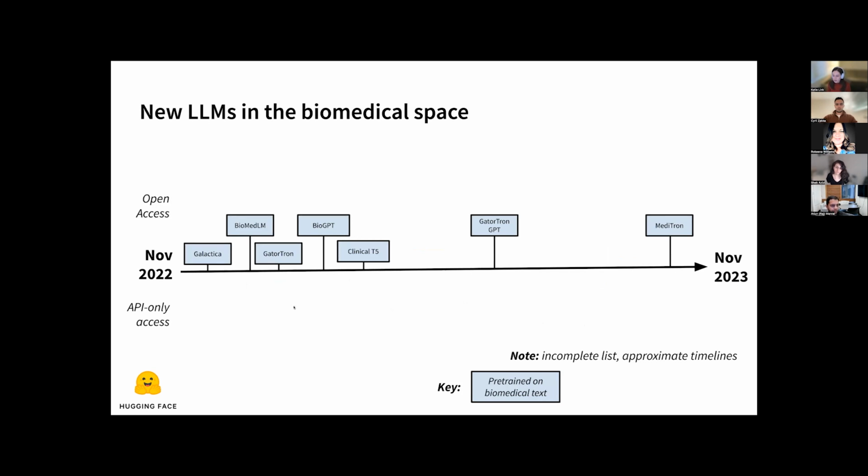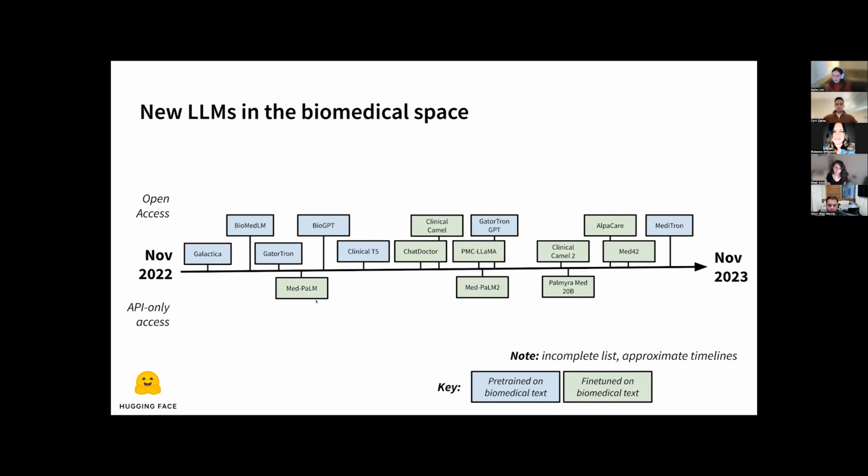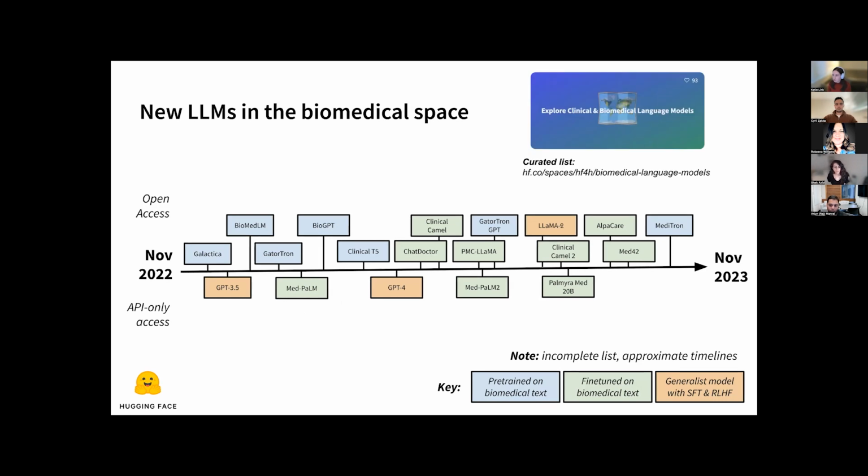We've seen a number of models that are pre-trained on biomedical text, a number of models that are fine-tuned from generalist models on biomedical text, and then also some generalist models that have been performing very well that have just done general pre-training, general fine-tuning, and then RLHF. And if you want to learn more or see some more models that could be relevant here, I've created a curated list on Hugging Face that you can check out.